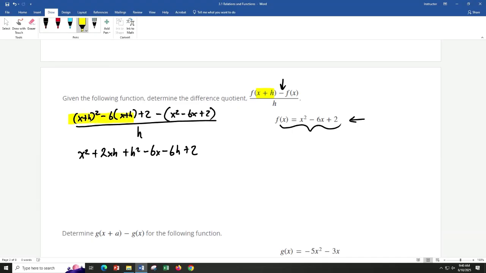That was all of that, split up and FOILed. Because remember, this little x plus h, you got to rewrite that twice, and then FOIL it. And then I'm going to take that last part and take this negative and distribute it in there, and I'm going to get negative x squared plus 6x minus 2, all over h.